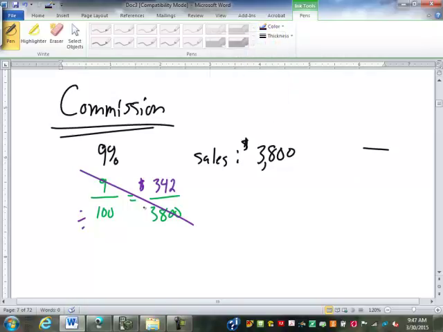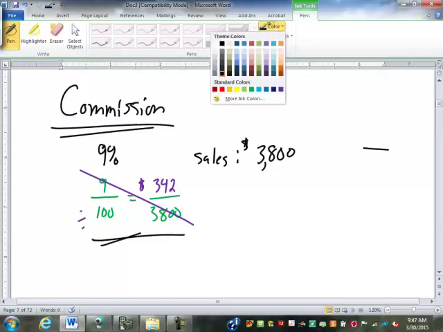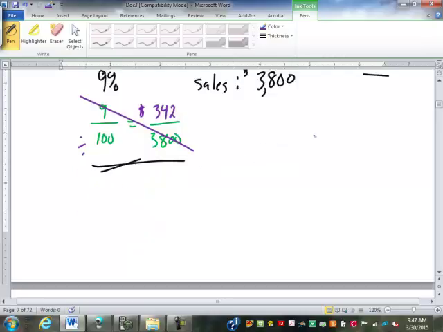But again, if you had to do that every week, it's a little tedious to set this up. So what you can do alternatively is just take your sales of $3,800 times your percent commission. 9% is going to be written as a rate, which would be 0.09. So $3,800 times 0.09 gives you $342.